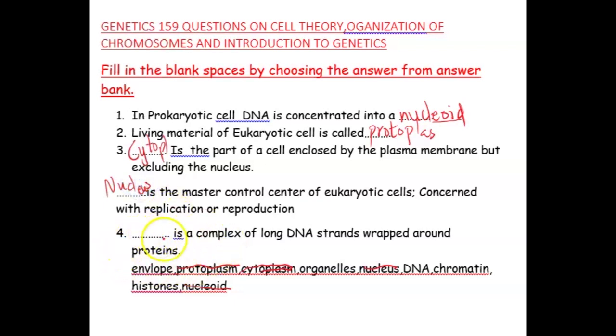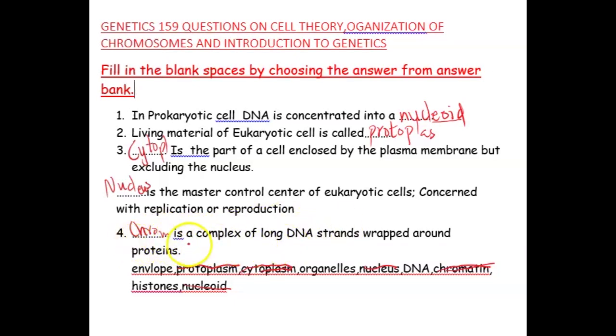The next question. Dash is a complex long DNA strand wrapped around proteins. The answer is chromatin. And when the chromatin is condensed, it is called chromosome. Remember, chromatin. It won't go there, so I'm going to leave it.